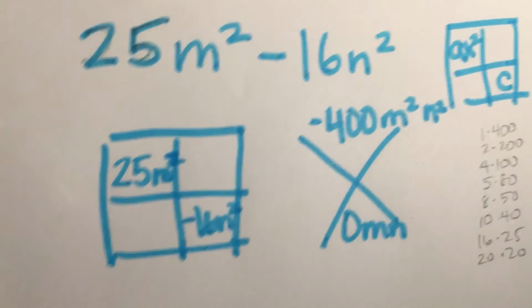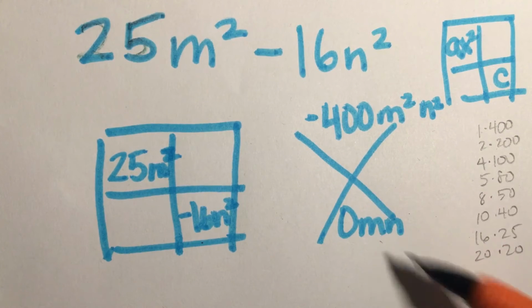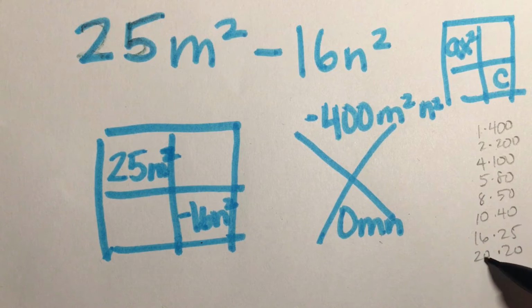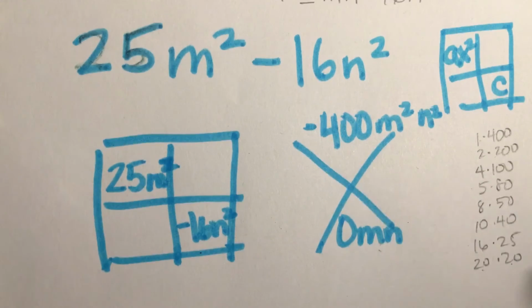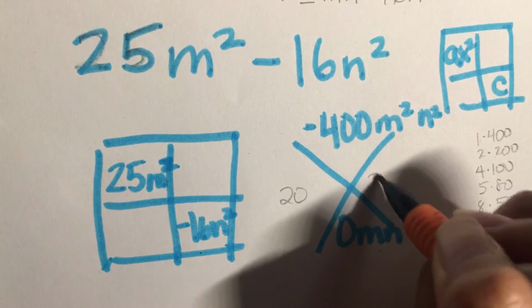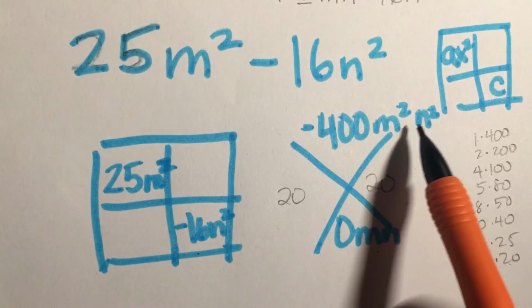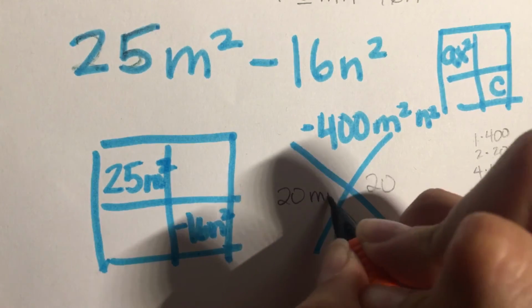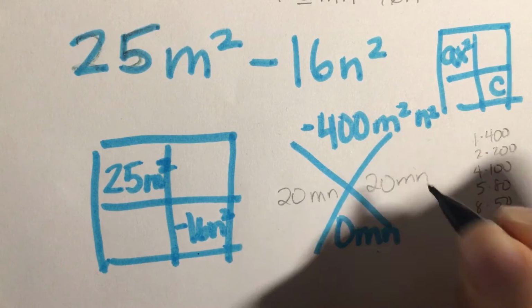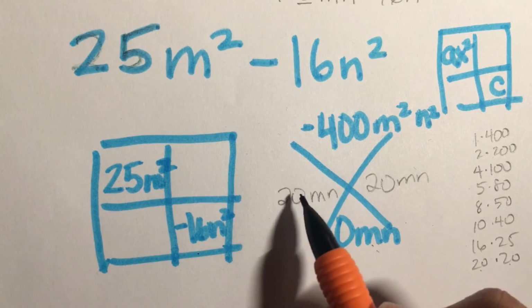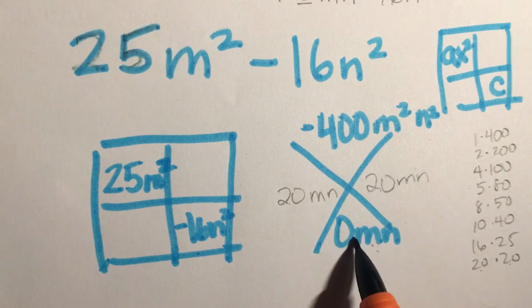Now, when I'm looking at these, it has to give me 0. So the only ones here that can give me 0 are going to be 20 and 20. Now, look at your variables. We have 20 and 20, we had to have an m and an n on both of them, because remember, that's what we wanted to add up. Now, is 20mn plus 20mn going to add up to this?